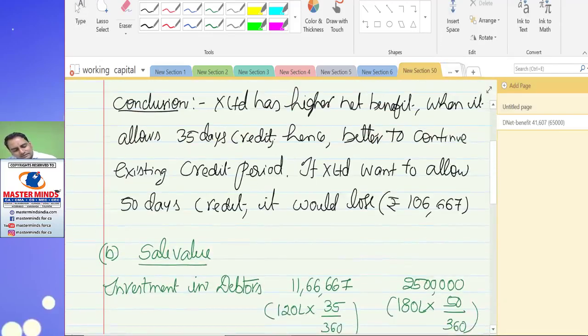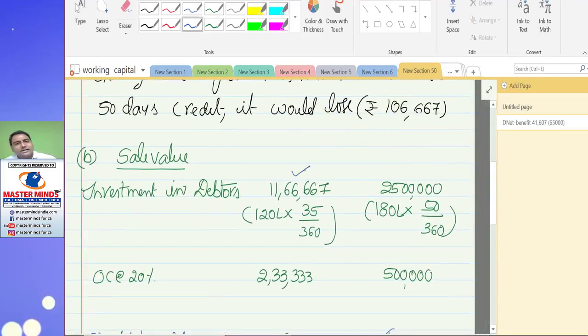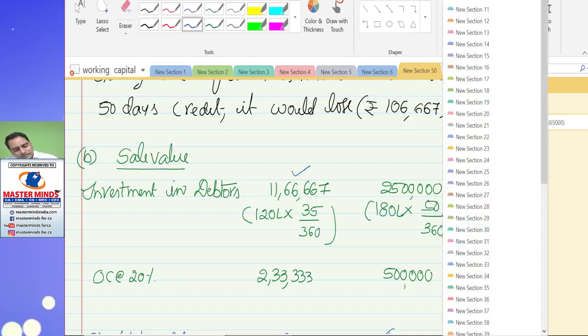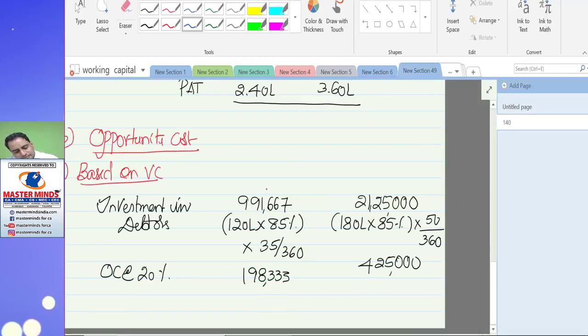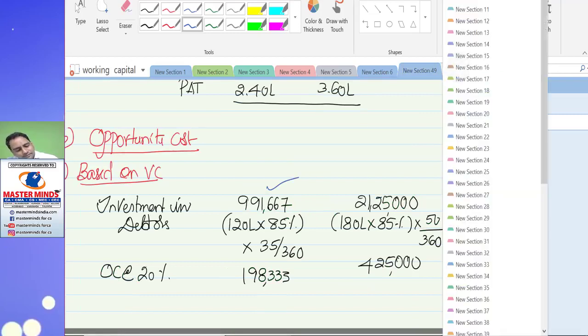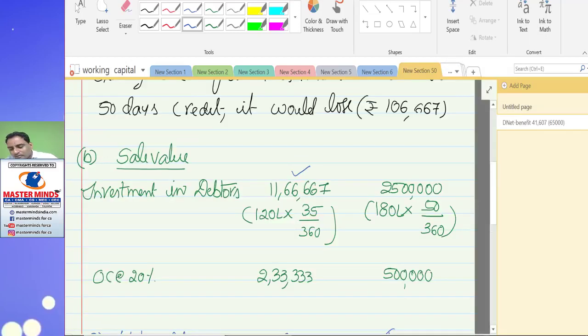You can also calculate this. So this is the investment in debtors based on sale value, 11,66,667. If you take 85%, you would get the same answer, 9,91,667. 25 lakhs is the investment in debtors based on sale value.